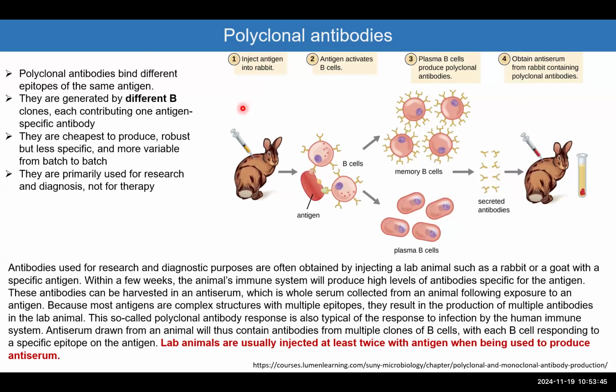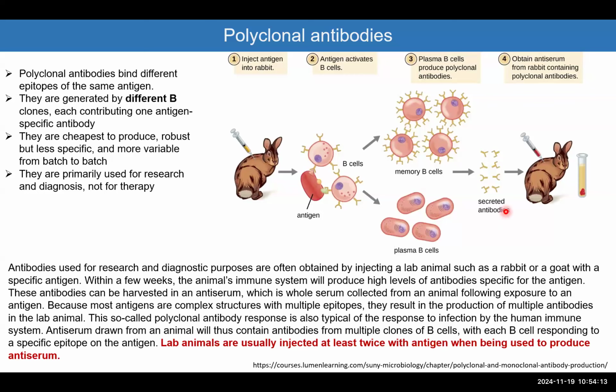We injected the antigen, and then the antigen was captured by B cells, and B cells generated antibodies against that. And then the plasma cells secreted a lot of these antibodies in the blood of that animal. So all we do is collect the blood from that animal and then isolate these antibodies.